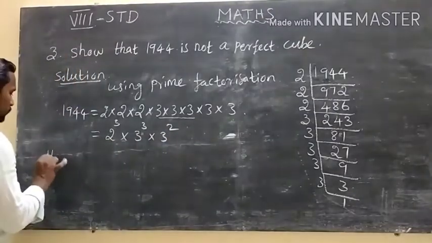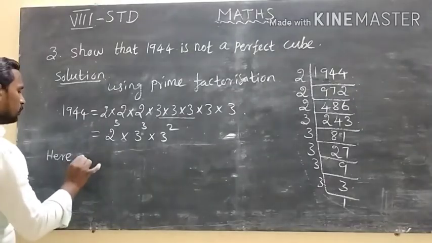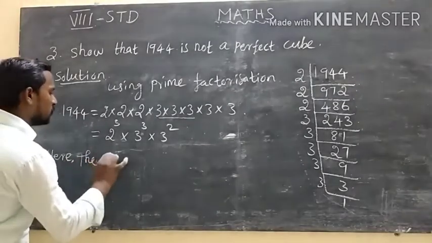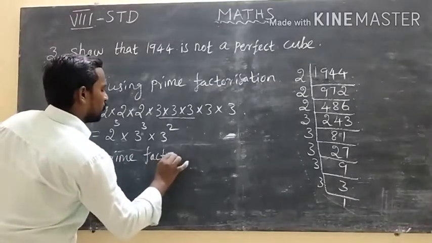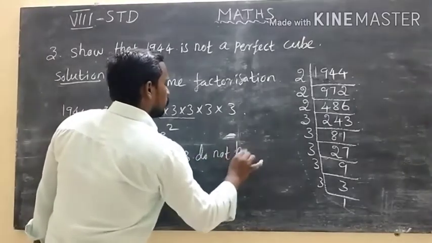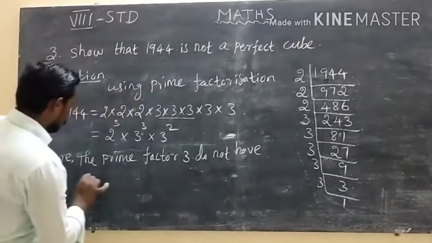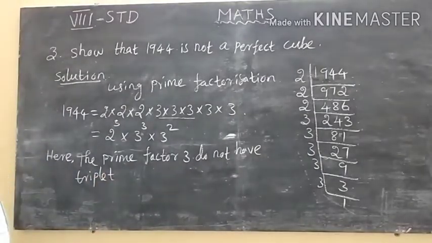So here, the prime factor 3 does not have a triplet.